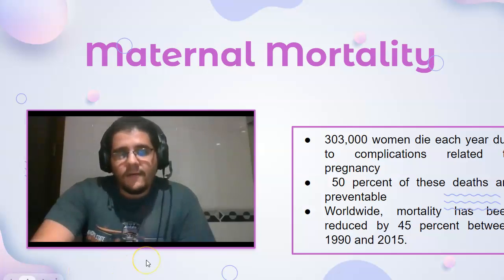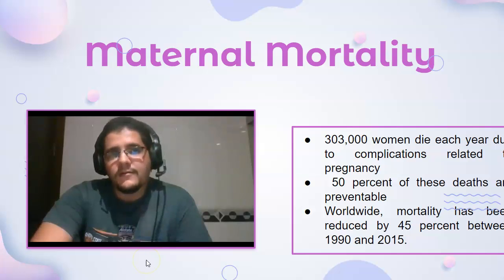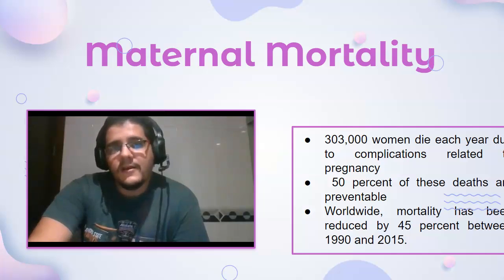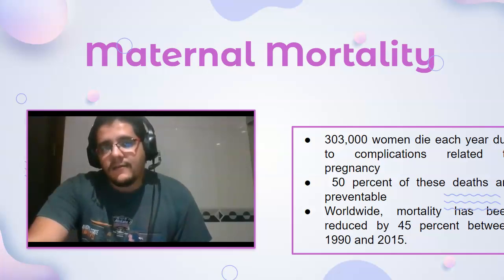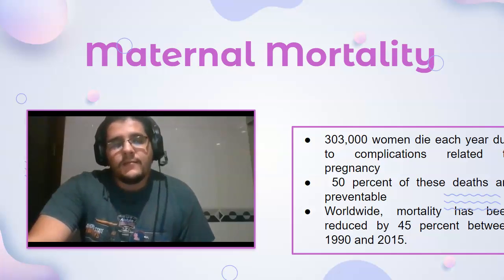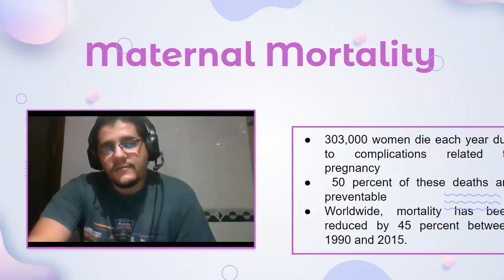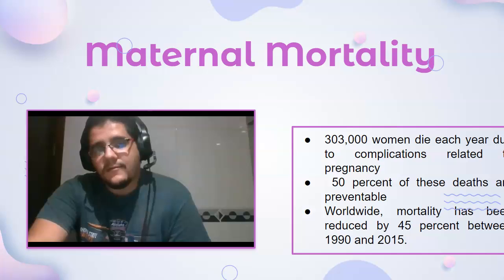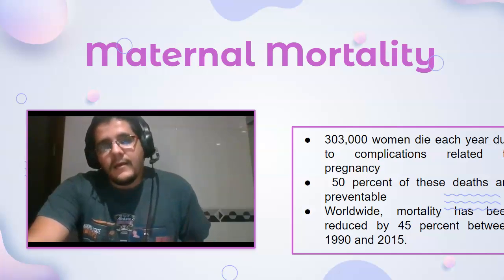Thanks to these types of interventions, it has been possible to reduce maternal mortality worldwide by 45% between 1990 and 2015. Most countries in the world have reported a decrease in mortality between 2000 and 2014.